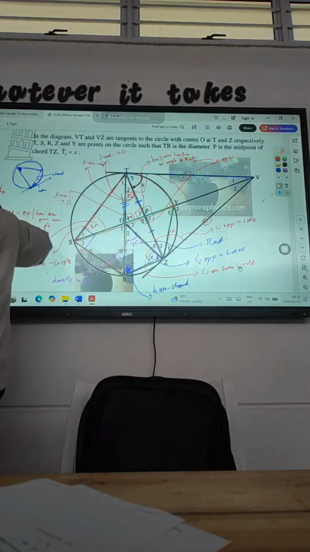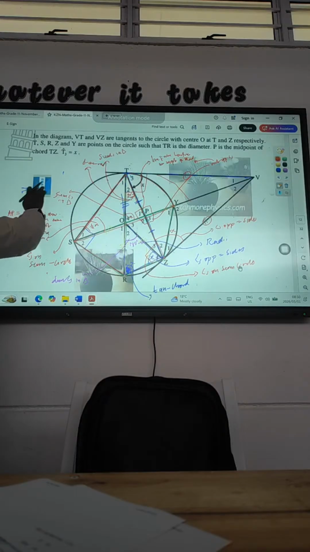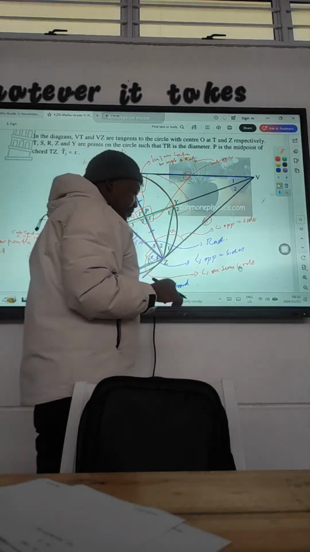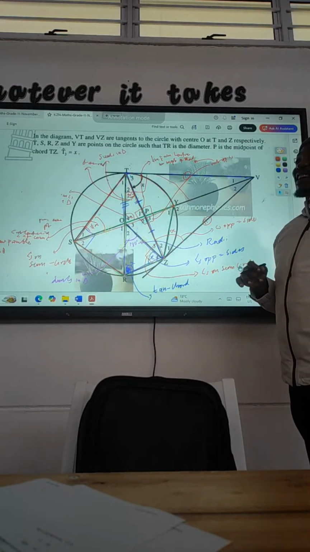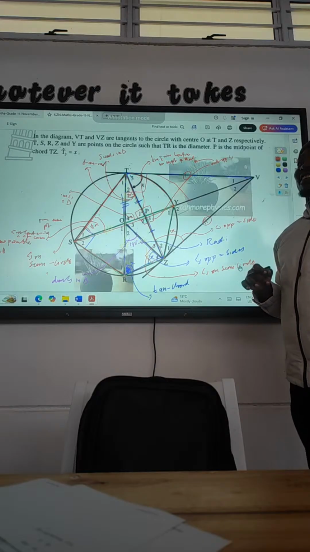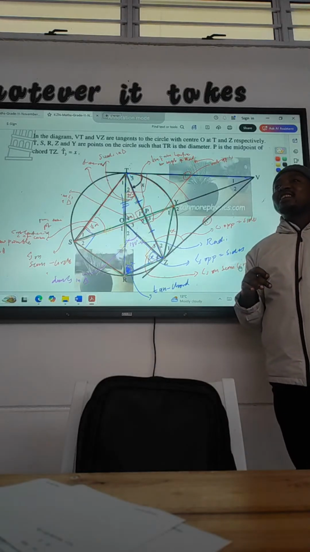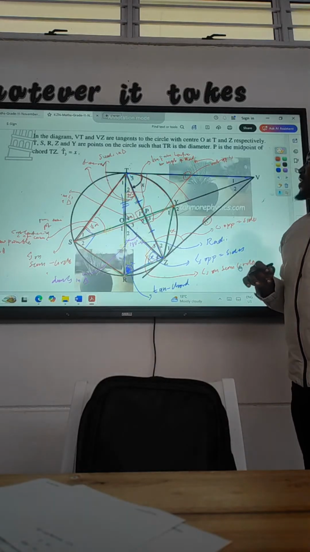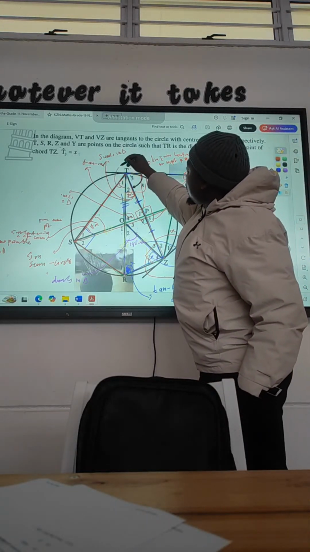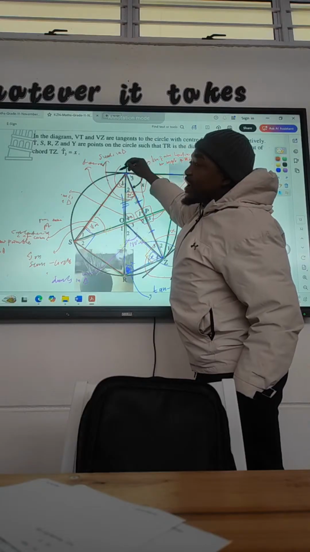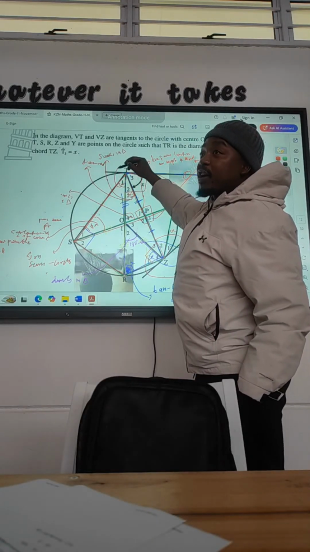Let me raise this. T1 is also equal to half of x, y.